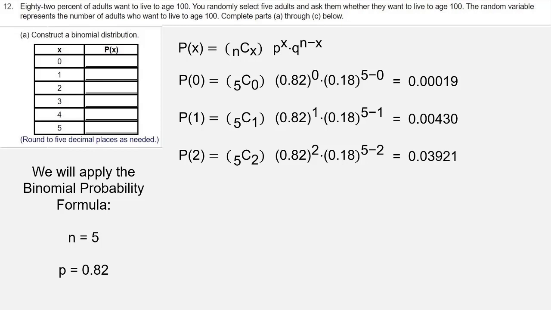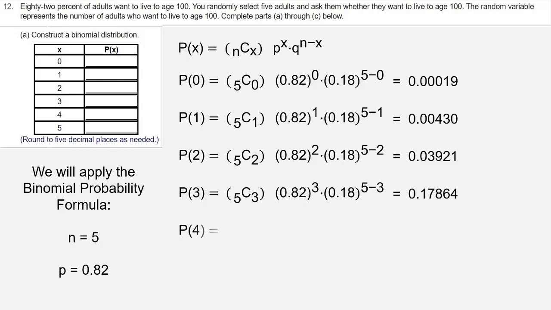The probability of 3 is 5C3, 0.82 to the third, times 0.18 to the 5 minus 3, which is 0.17864.